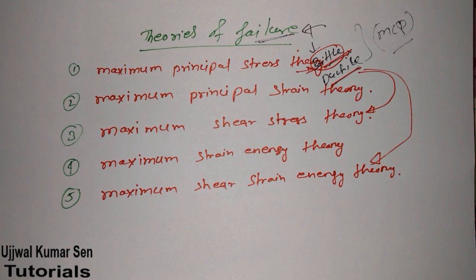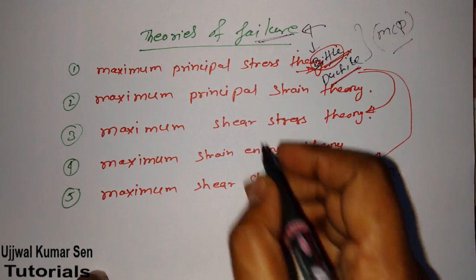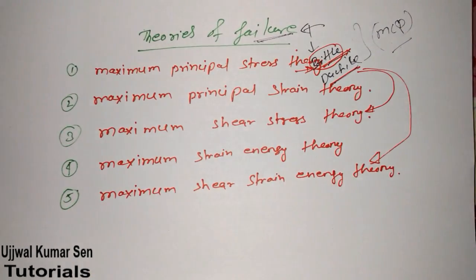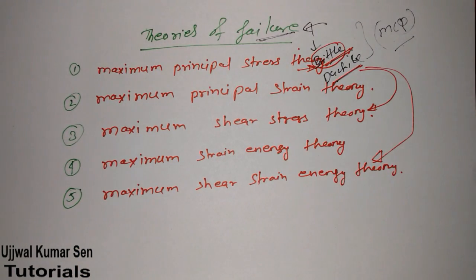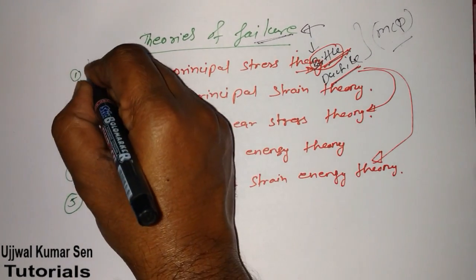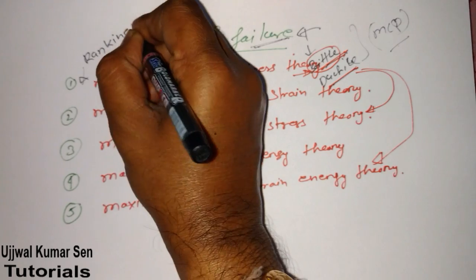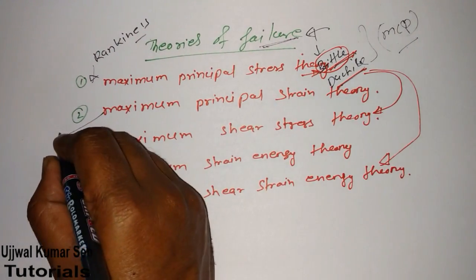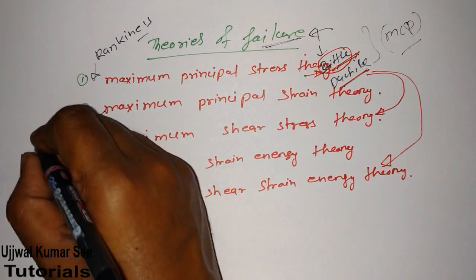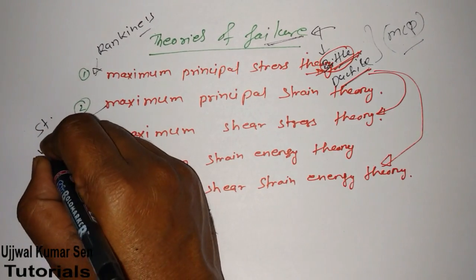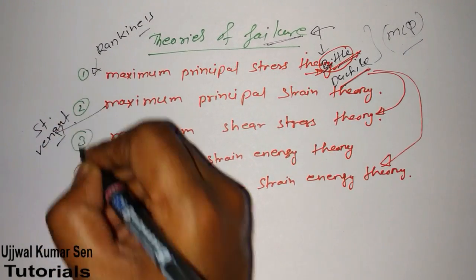Now one of the most important factors I should share with you here: all these theories have different names too. Principal stress theory is known as Rankine's theory. Principal strain theory is known as St. Venant theory.